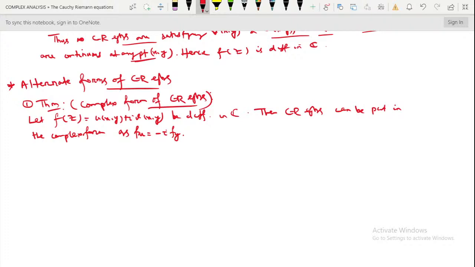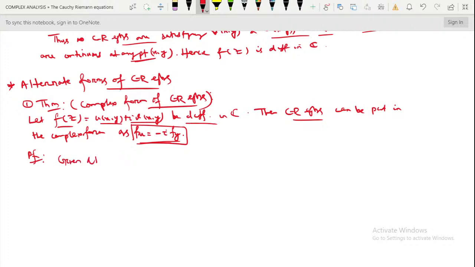So this is the complex form of Cauchy-Riemann equations. Now I will prove it. Given that f of z, which is u of x y plus i times v of x y, is differentiable in C.